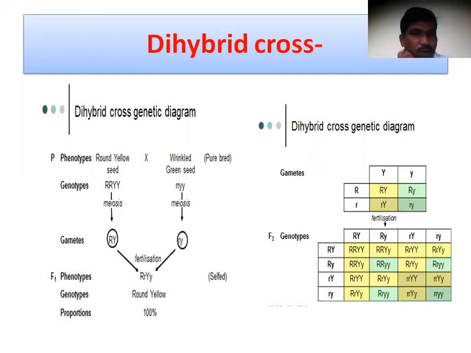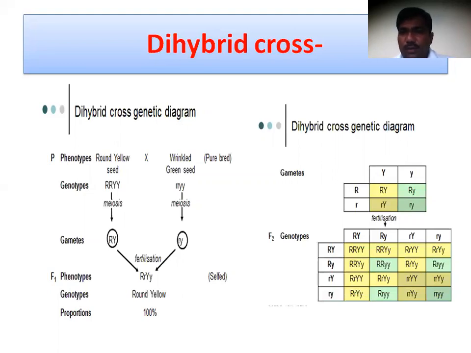So how can you define the dihybrid cross? It is a cross between two true-breeding or homozygous parents by considering two pairs of contrasting characters.